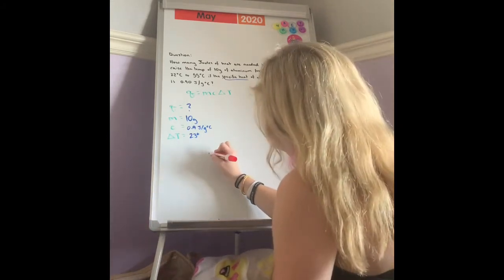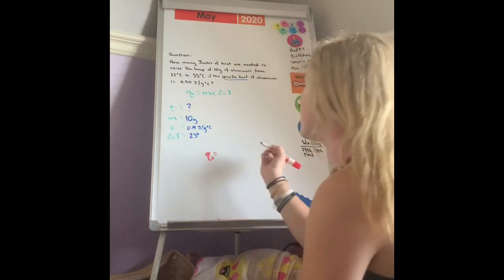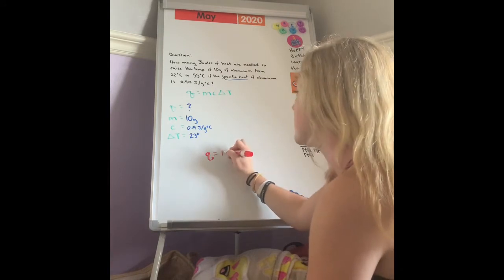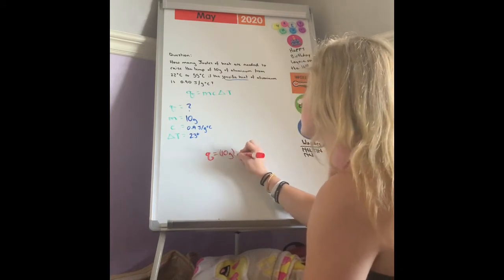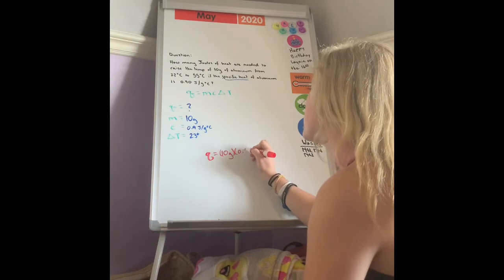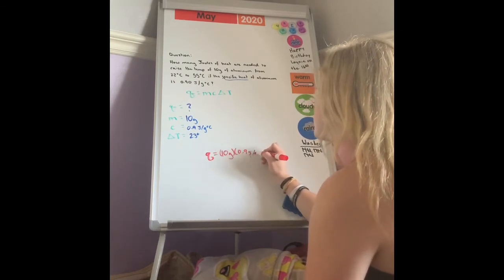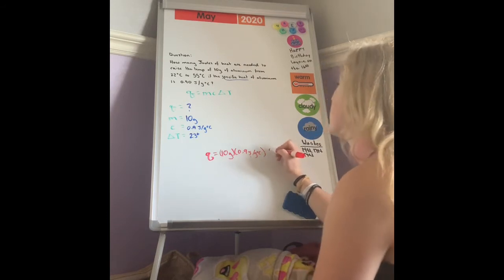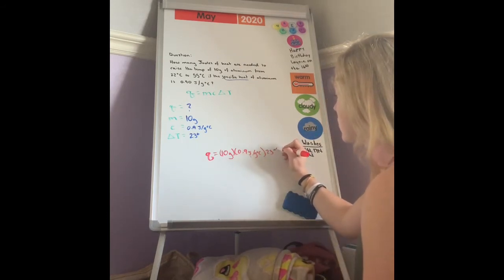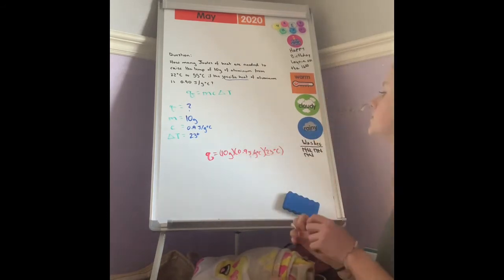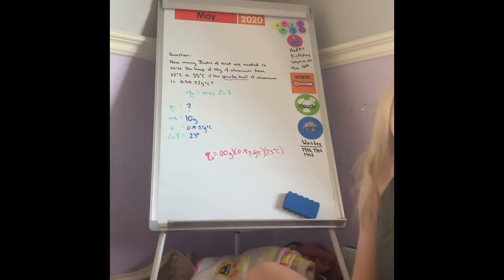So now that we have that, we are going to plug in our numbers into our equation. So we have Q equals 10 grams times 0.9 joules over grams degrees Celsius, and then 23 degrees Celsius. And then you just type that into the calculator, which we have right here.